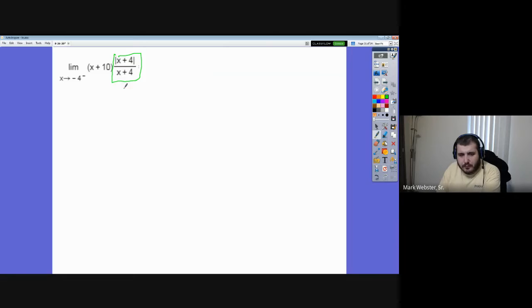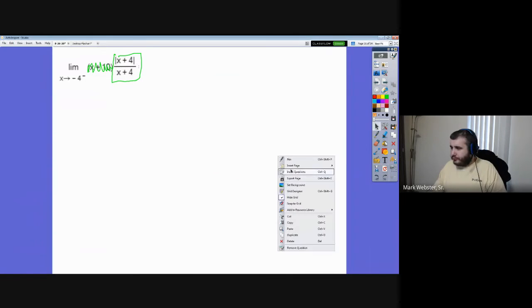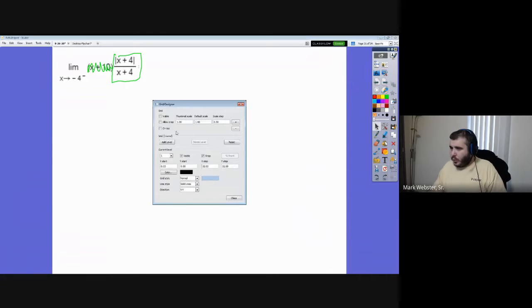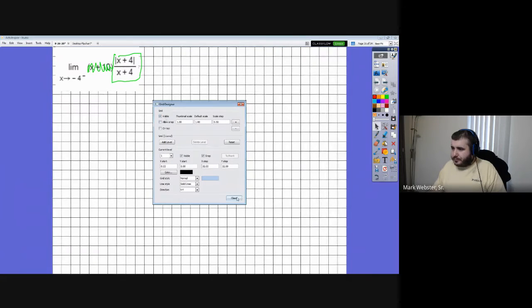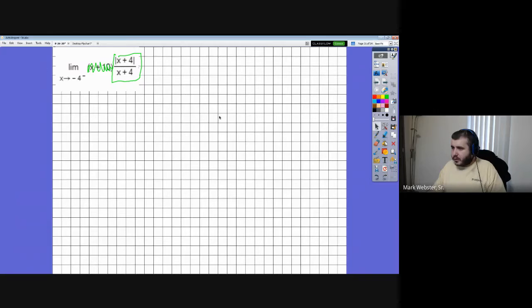Absolute value of something over the same thing. So this part, not including this part right here, is always going to look like something like this, what you're seeing.